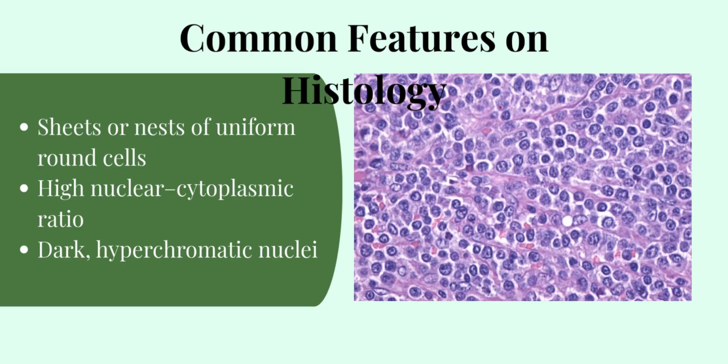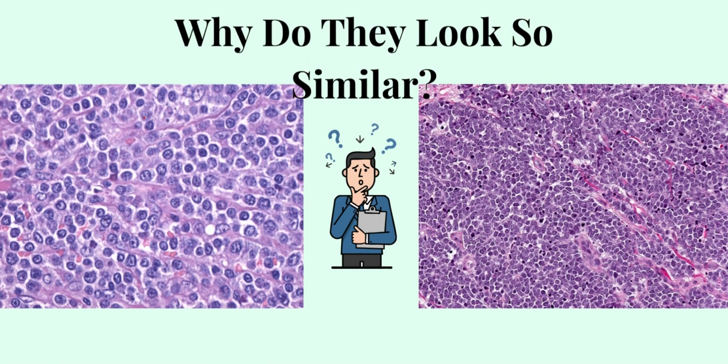Despite their different biological behaviors, these tumors share many histological features. Most appear as dense sheets of round cells with a high nucleocytoplasmic ratio, where cytoplasm is usually minimal and nuclei are intensely stained. Mitotic activity and necrosis may also be present depending on the tumor.